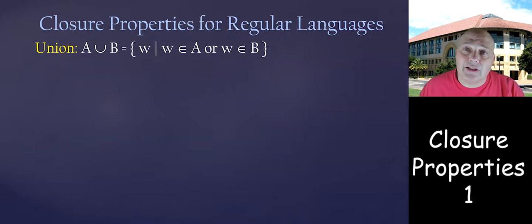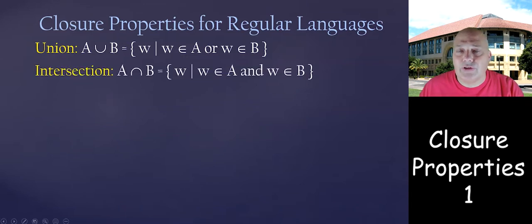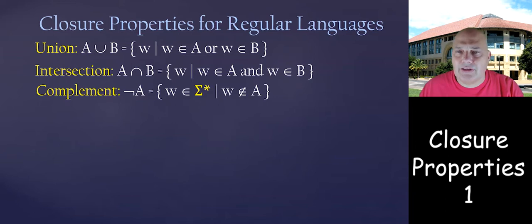We said that languages are subsets of words, and we are just talking about the unions. Similarly, the intersection is words that are both in A and in B. The complement of a language is the set complement of the language. All the words such that they are not in A.